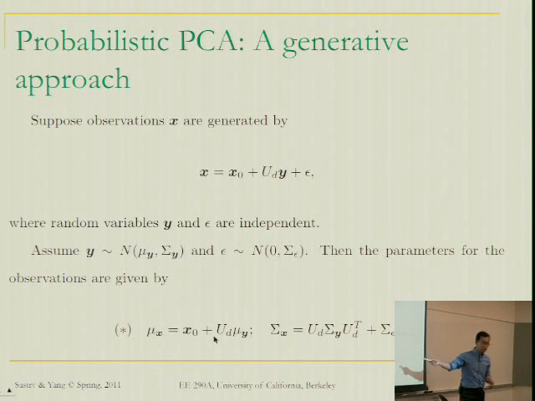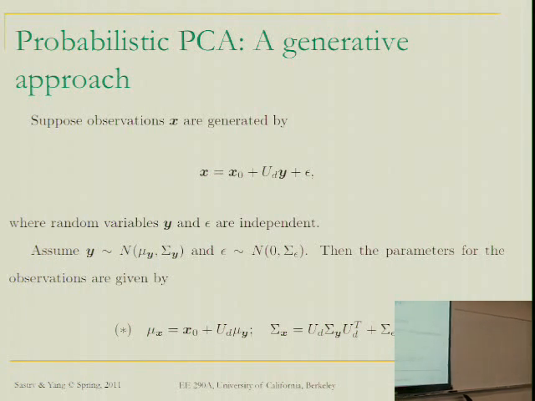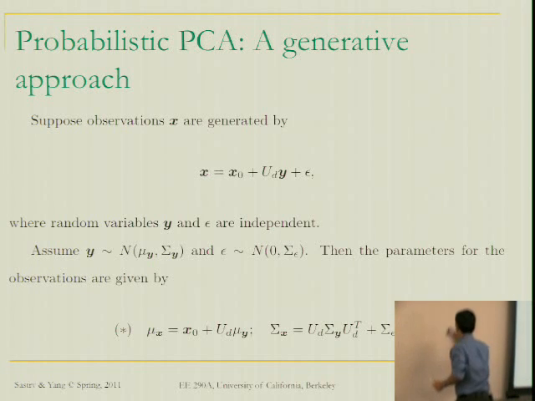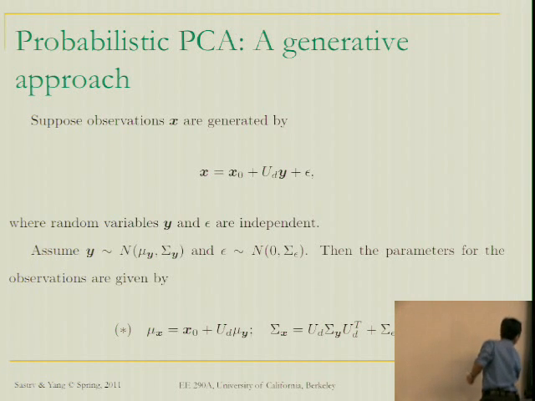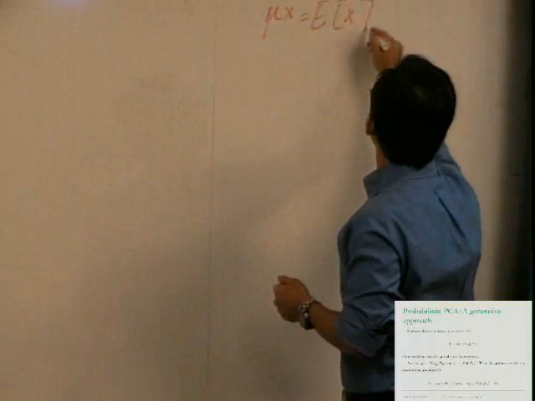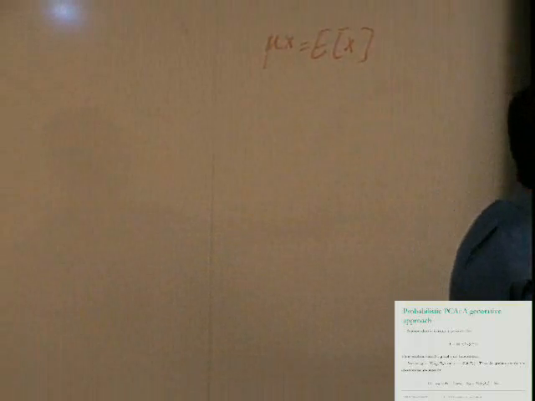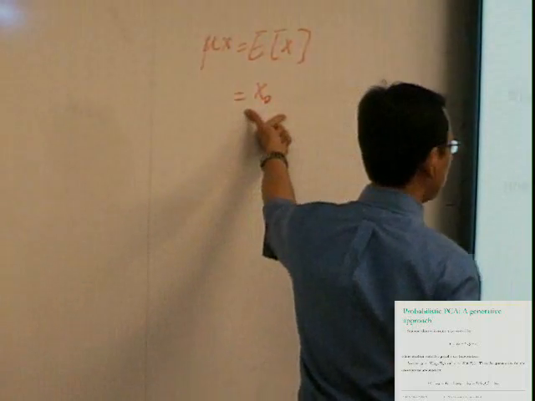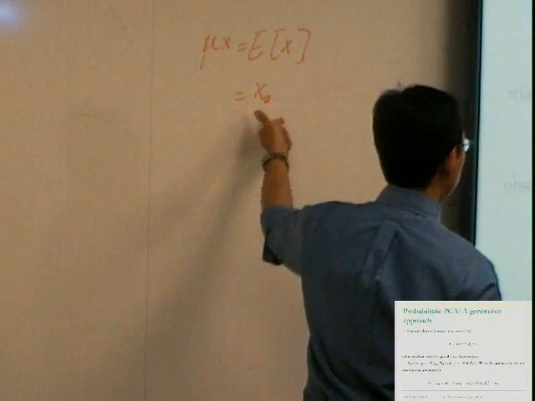Is this clear? For example, mu x is equal to the expectation of x. So you plug that in, and you immediately get that equation, right? x0 is constant, so there is nothing you need to compute.